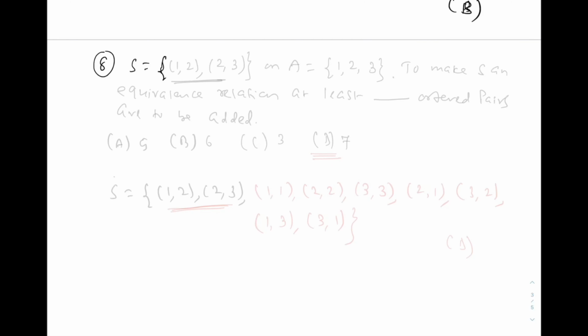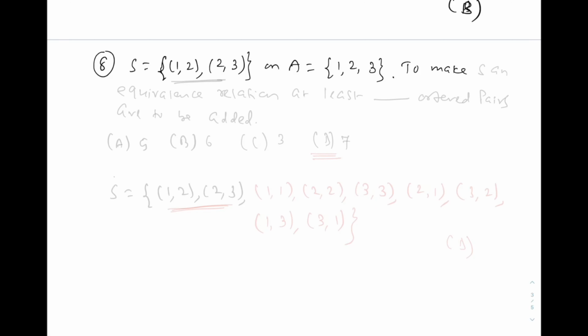S is given like this: (1,2), (2,3) on A equal to {1, 2, 3}.